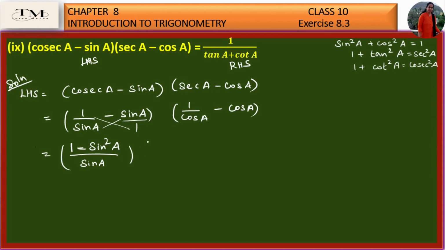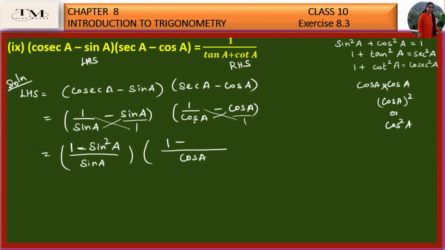In the same way, here taking cos A as LCM. Cross multiplying, you will get 1 minus cos A into cos A. In trigonometry, for cos A into cos A we will not write cos A whole square; we will write it as cos square A. So cos A into cos A is cos square A. So what is 1 minus sine square A?